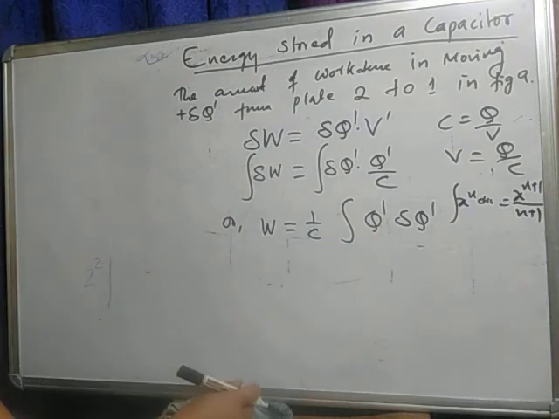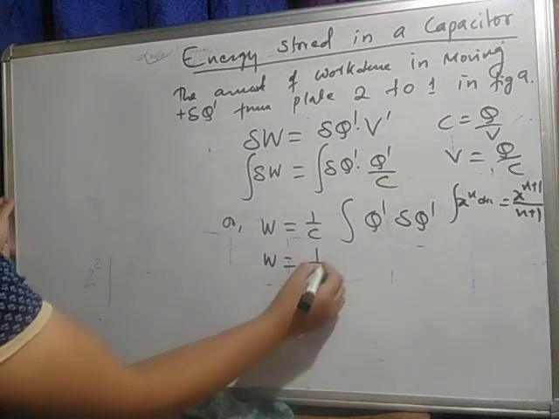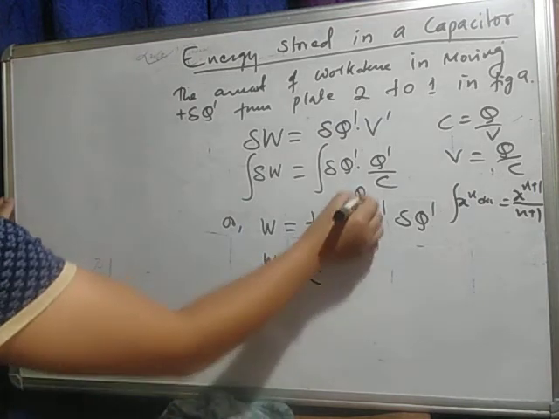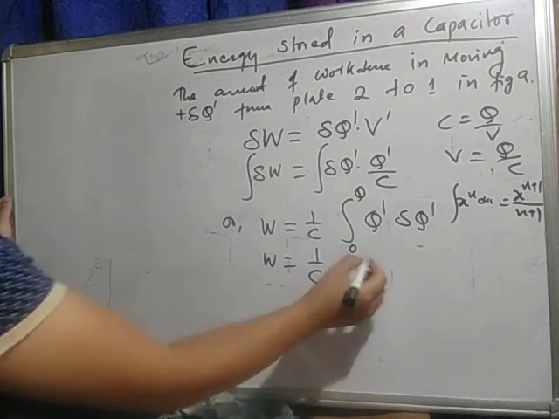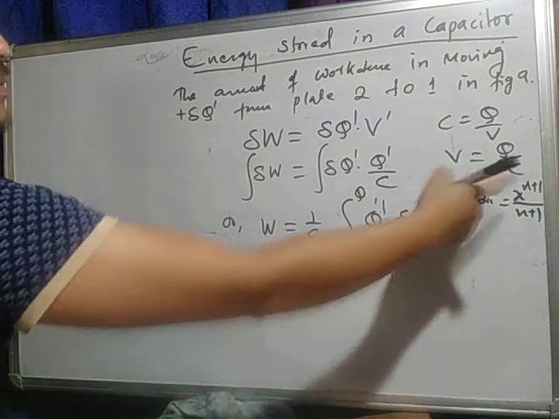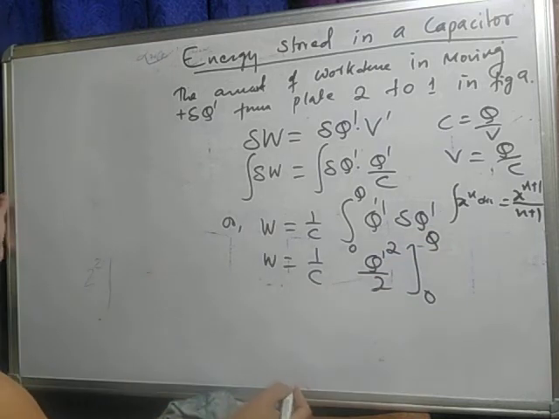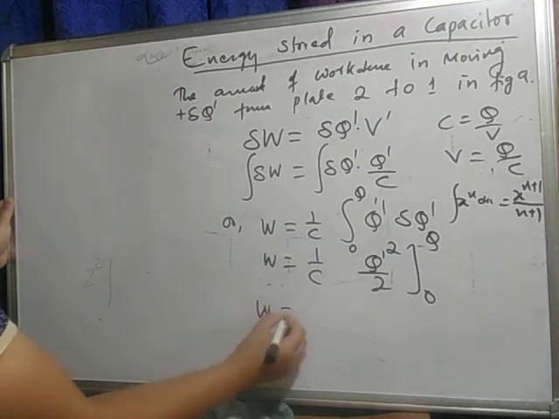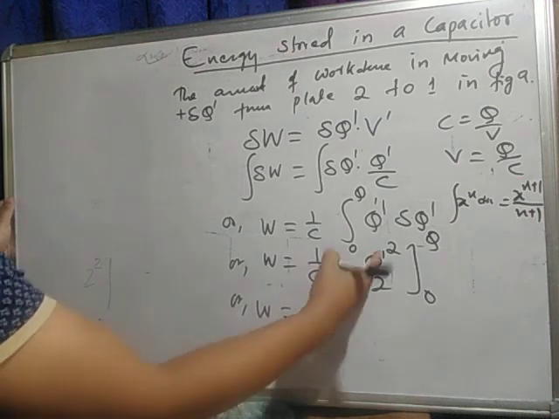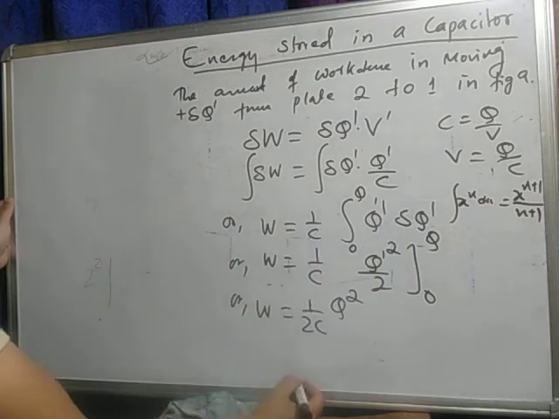So W equals to 1 by C, also we need limits, 0 to Q. So this is Q dash square by 2, from 0 to Q. Clear? So W equals to 1 by 2C Q square. Q dash की जगह में क्या होगा? Q. So this is the work done.